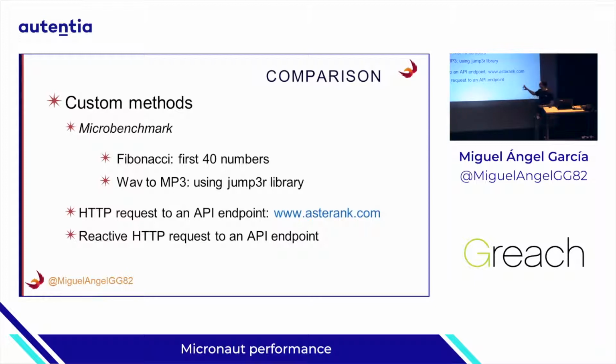And the last one was making an HTTP request to an endpoint. In this case, with this endpoint, you can get the names of asteroids. And the same HTTP request, but in a reactive way.